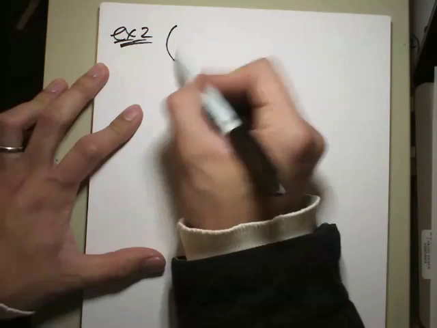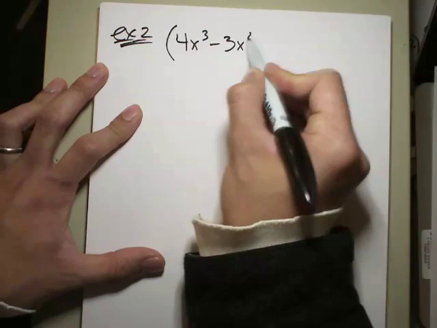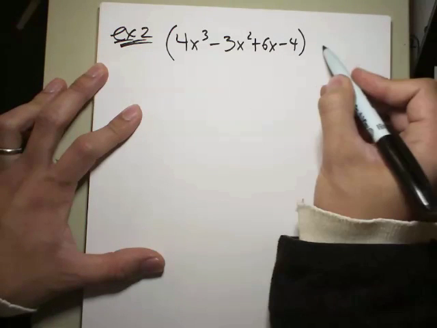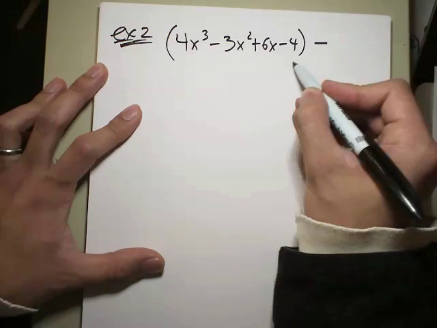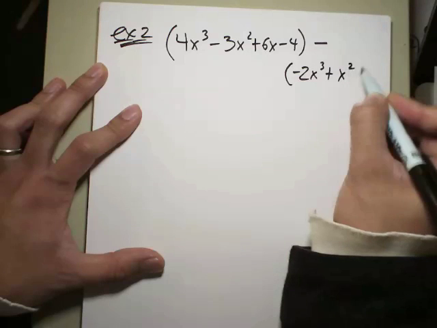Let's say I have this: 4x to the third minus 3x squared plus 6x minus 4, minus, I don't have room, but I'm just going to write it here, negative 2x to the third plus x squared minus 2.